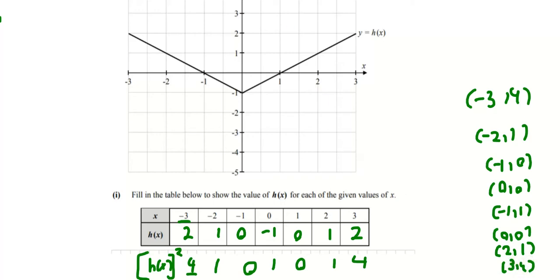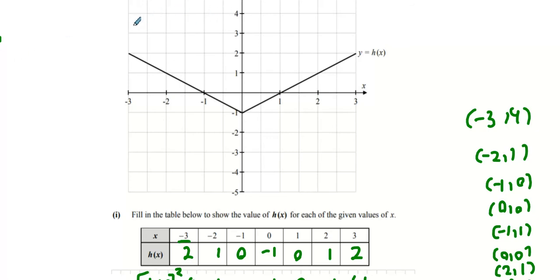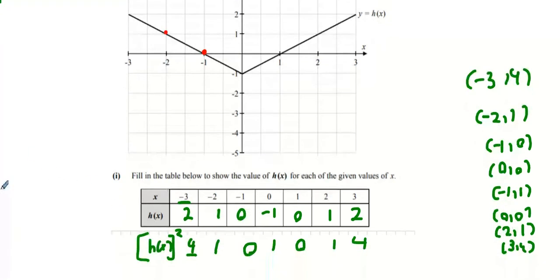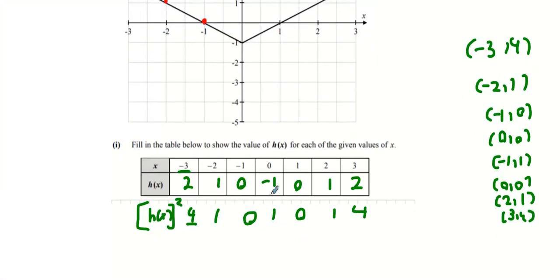When you look at this, we'll do it in red. So minus 3, 4, 3, 4, minus 2, 1, minus 1, 0. Sorry, it's not 0, 0, it's 0, 1.